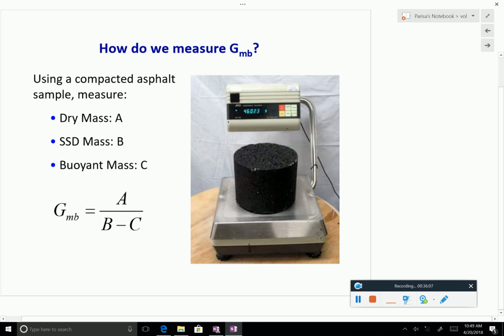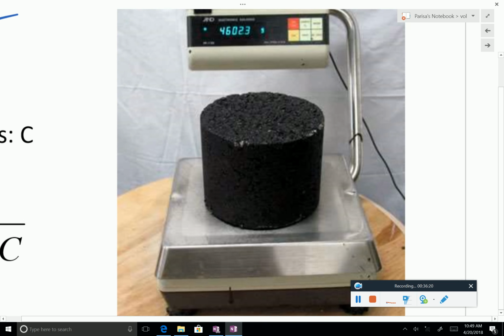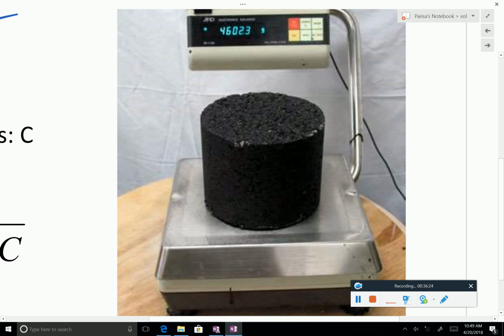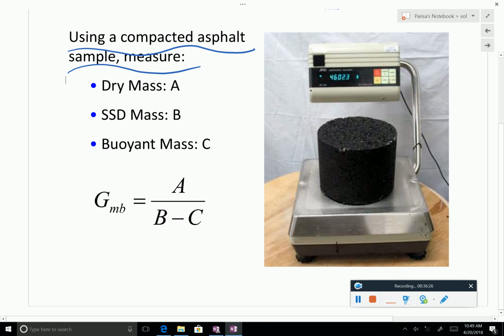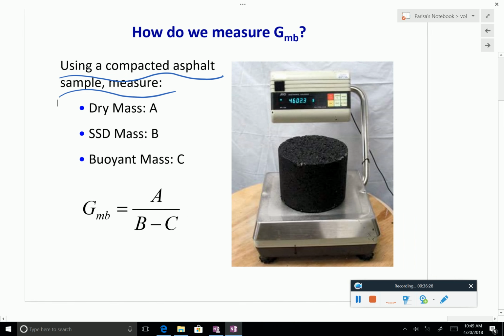Okay. How do we measure, let's say, the bulk specific gravity of the mixture? The point is, for that you would use a compacted asphalt sample, so it looks like that. After compaction, you make a sample, and the way you measure it is actually similar to what we talked about in aggregates.